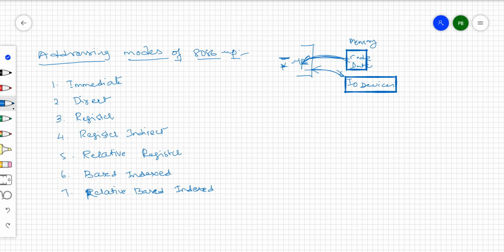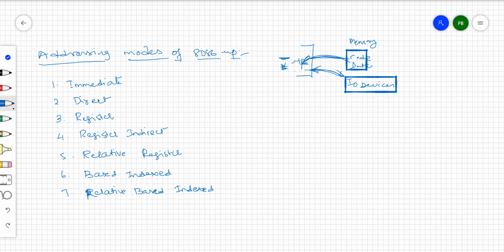In a similar way, while executing the instruction, if data is required from the input device, it reads data from the input device, performs some operation based on the instruction, and then outputs the data to the output device, or it is stored in the external memory.